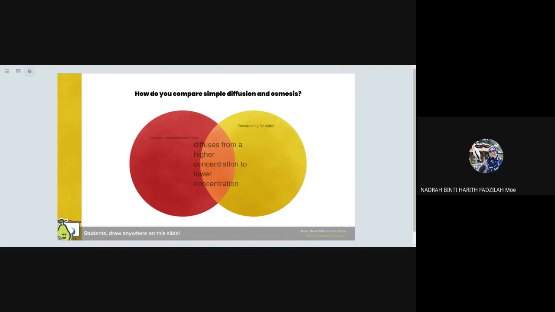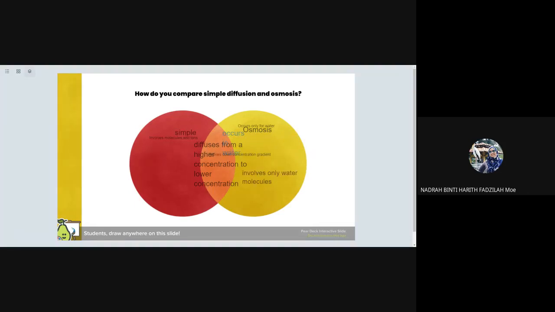Okay, statement ni kena hati-hati sebab definition of concentration for simple diffusion tak sama dengan osmosis. Tapi ya, betul, dia masih follow concentration gradient. Tak ada masalah, boleh letak sebagai similarities.